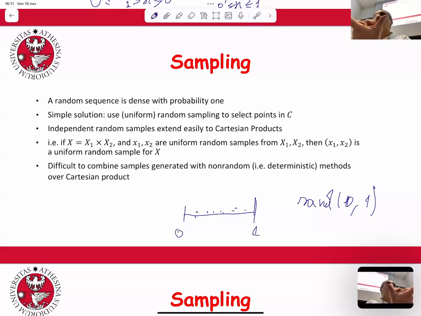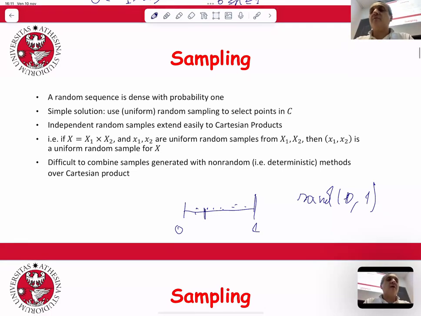What does it mean? That if you keep extracting enough samples, you can get arbitrarily close to any point of the segment. Okay? With probability 1. And there is another interesting fact.